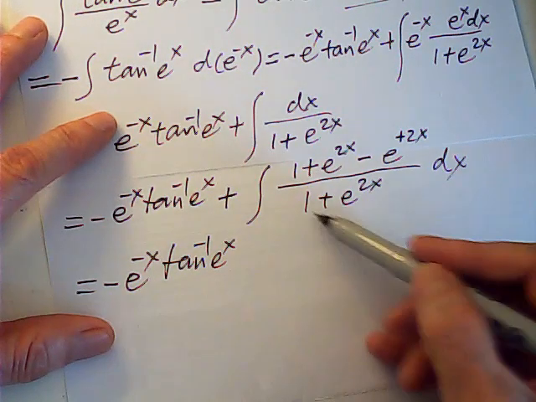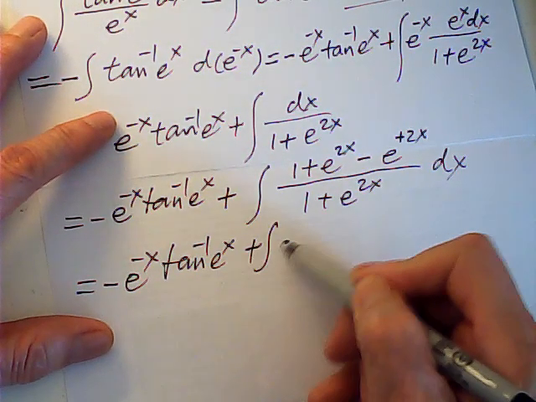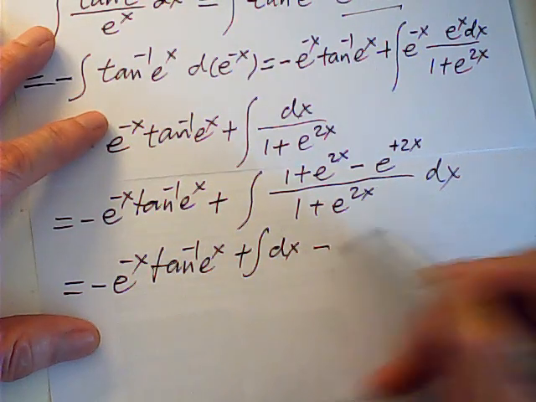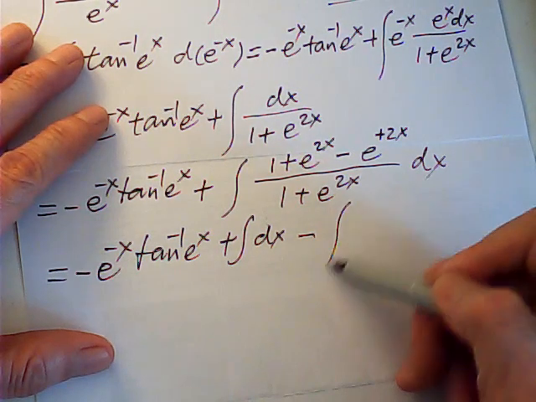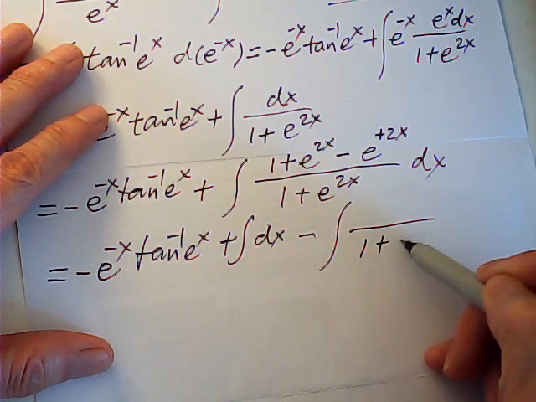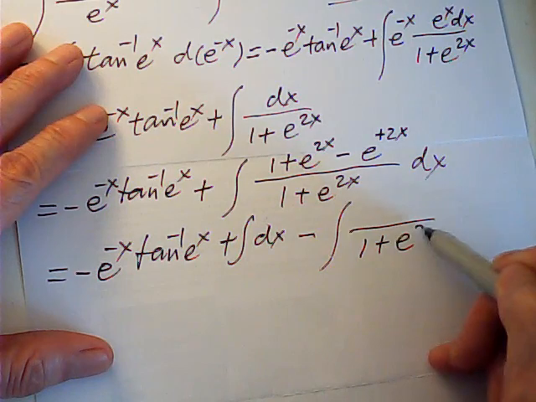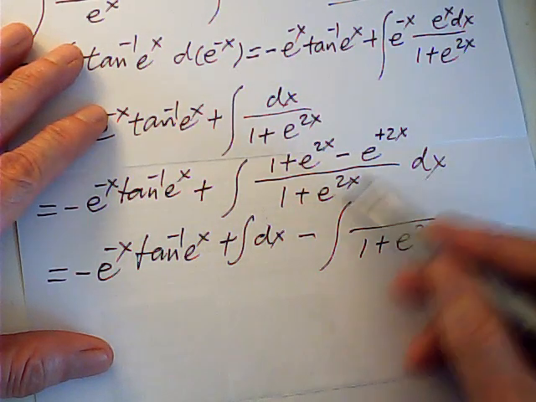Then this one over this one is 1 plus dx minus this one over that one. This one over that one I can write as 1 plus e to the 2x.